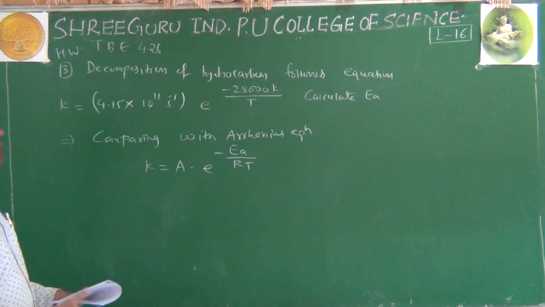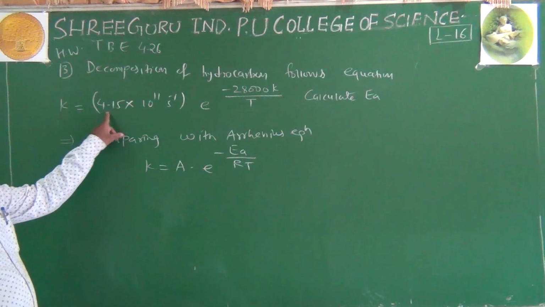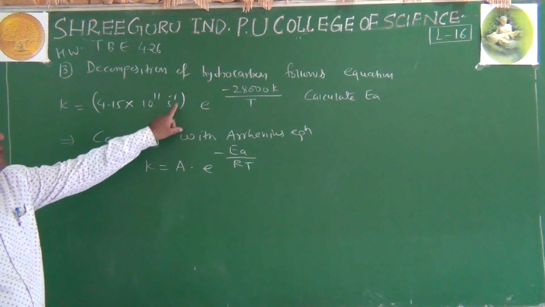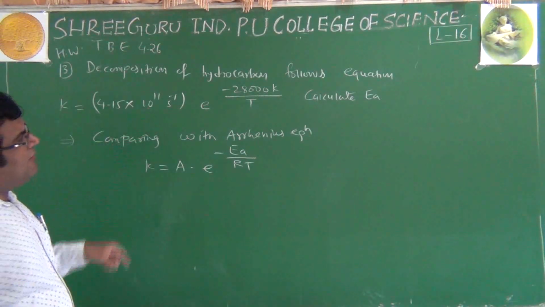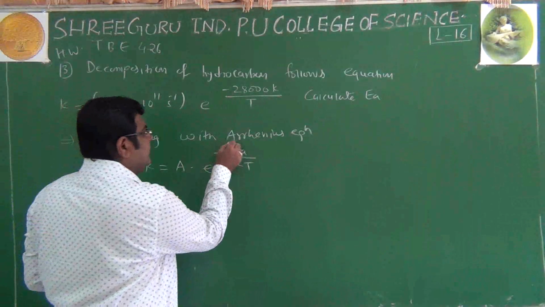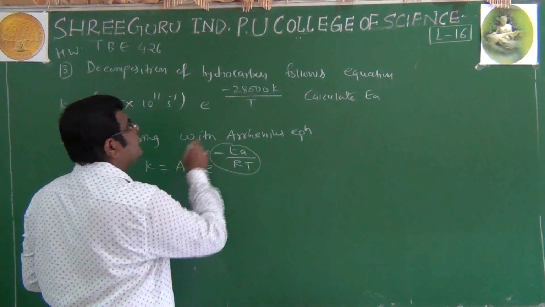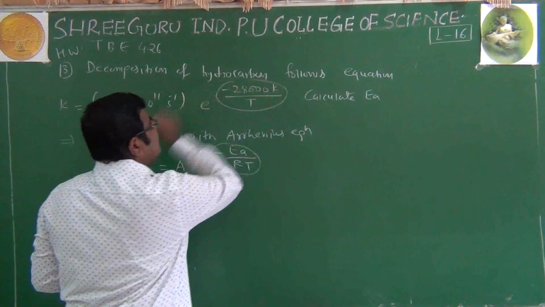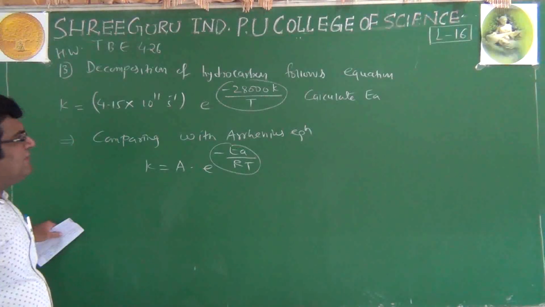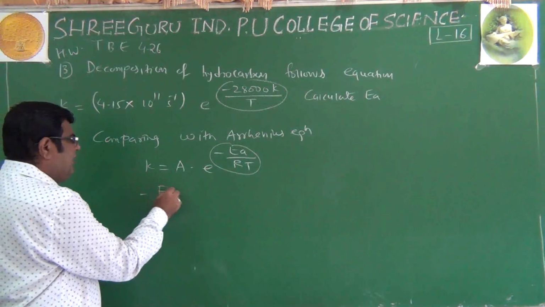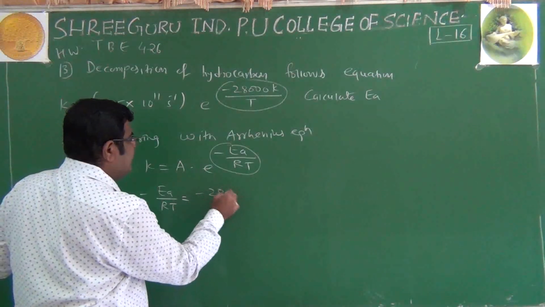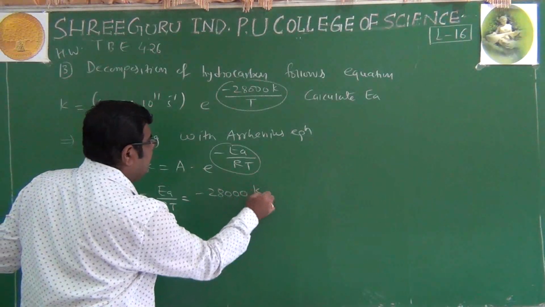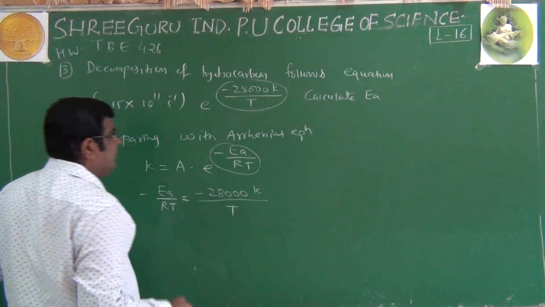If they ask to calculate A, we would say this is A, the pre-exponential factor, the factor before the exponential form. But they asked what is the activation energy? So activation energy is in this term, and it has this value in the question. So we can say minus EA by RT equals minus 28,000 K by T.